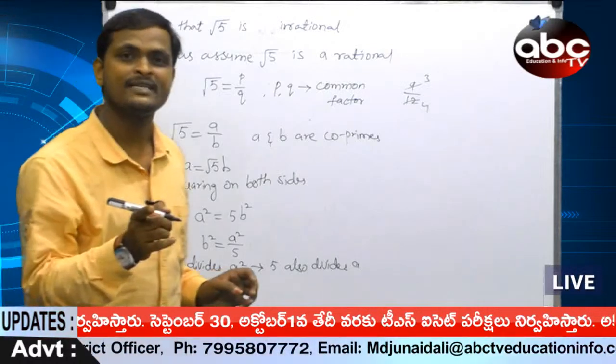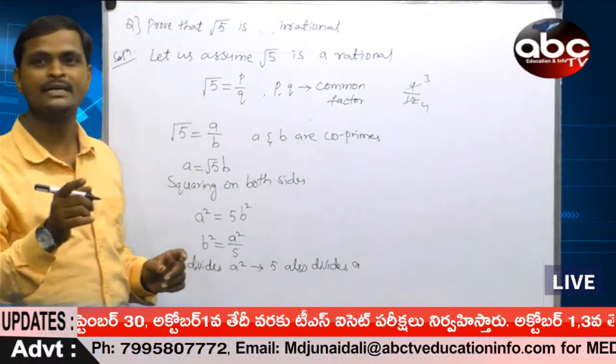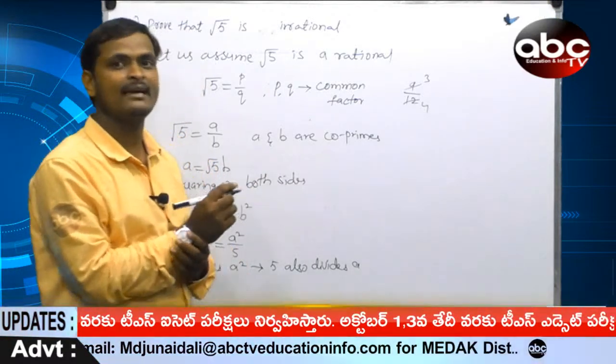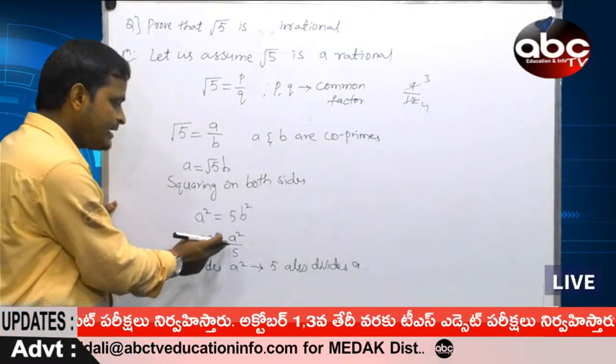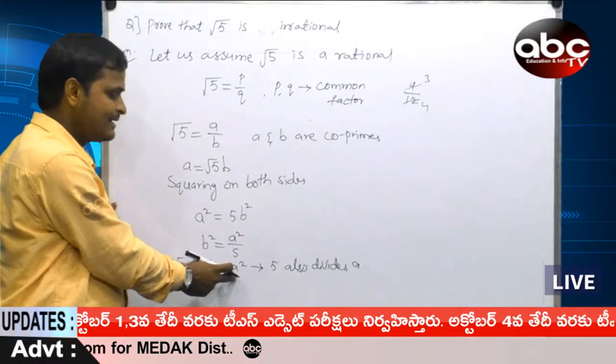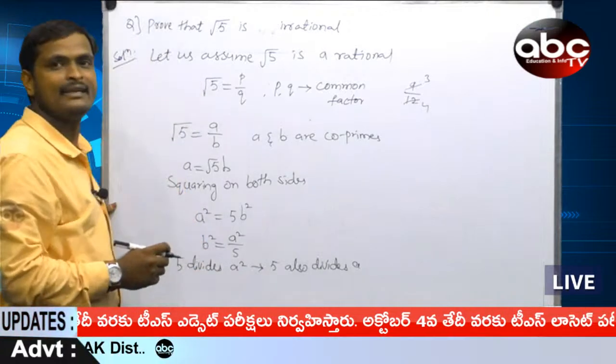What is the theorem, students? Let p be any number, p divides a square, then p divides a also. Same as here, a square by 5 means 5 divides a square, then 5 also divides a.